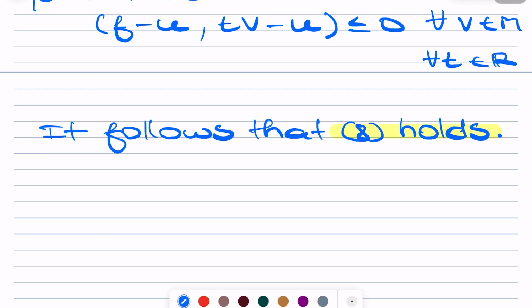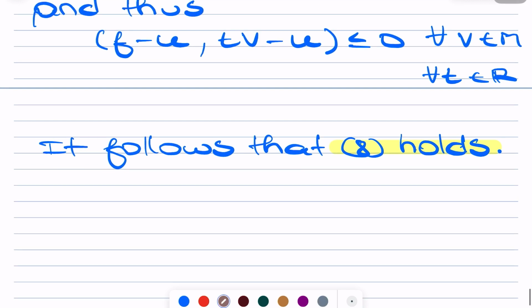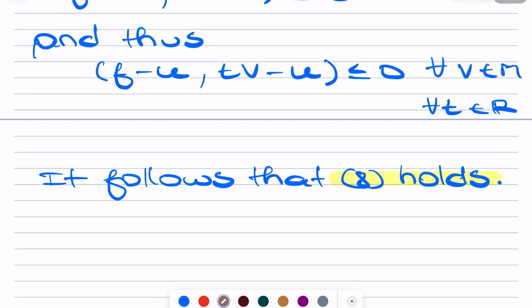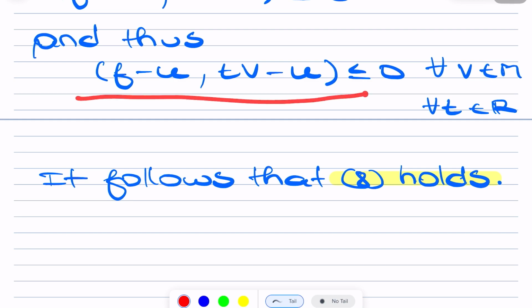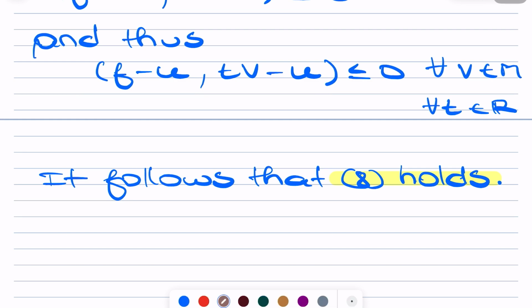Why? Let me put it in color. From this, what you can do is say that, okay, for t strictly positive, what we get is that the scalar product of f minus u, v is less or equal than 1 over t times, in brackets, the scalar product of f minus u comma u.